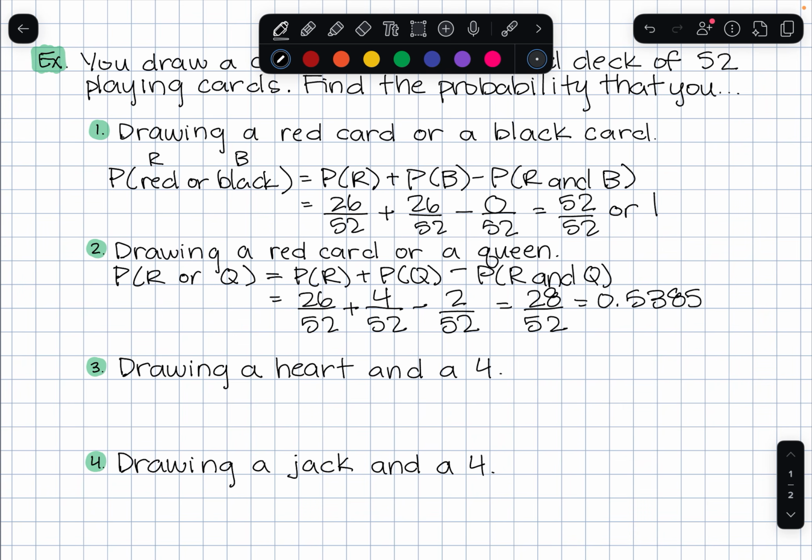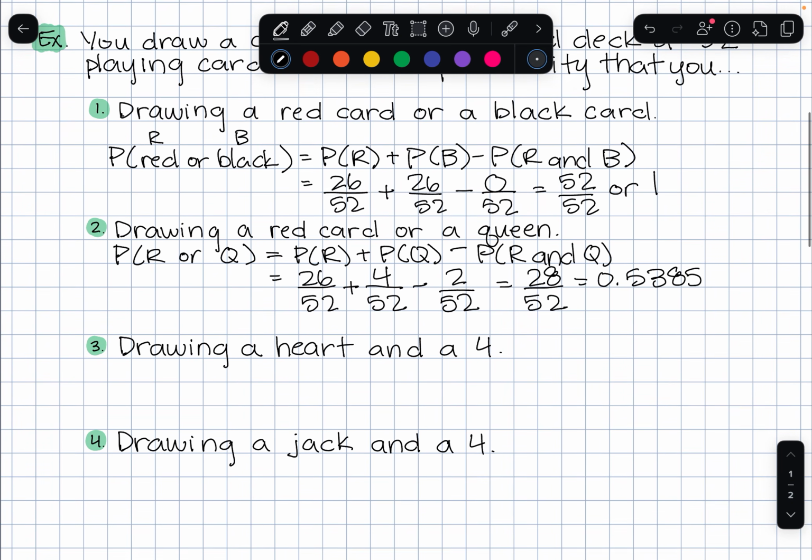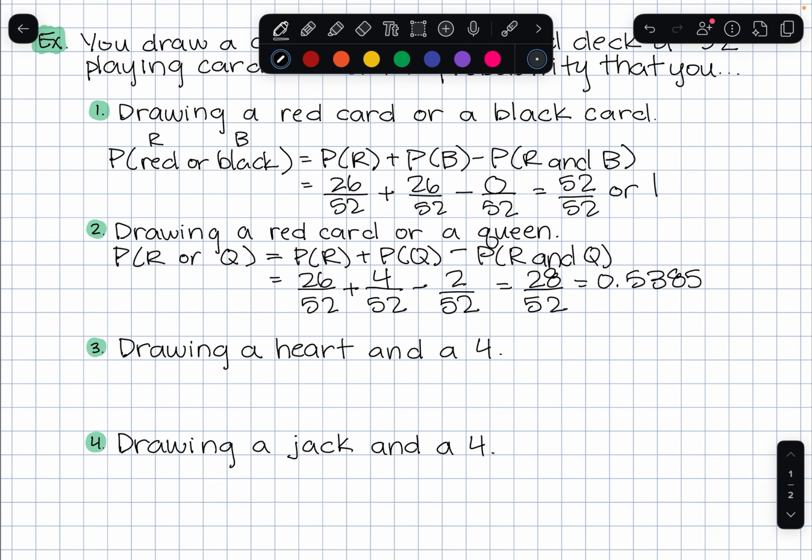All right, next one. Drawing a heart, and that should say "or" a 4. I don't know why there are "and"s here. That should say "or" a 4, because I can't write, that's why. So P(heart or 4). And I'm going to skip the formula now because I know what this is.